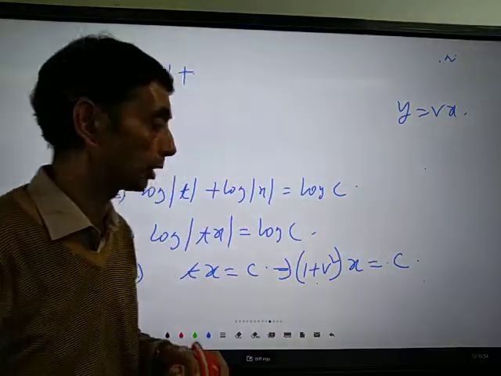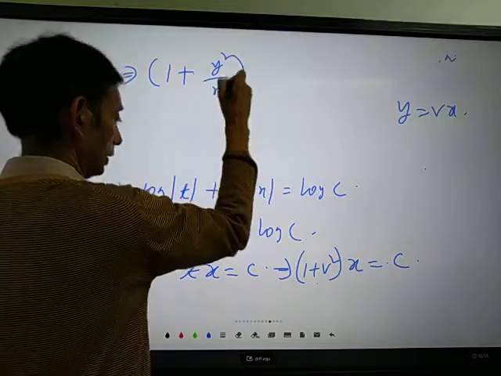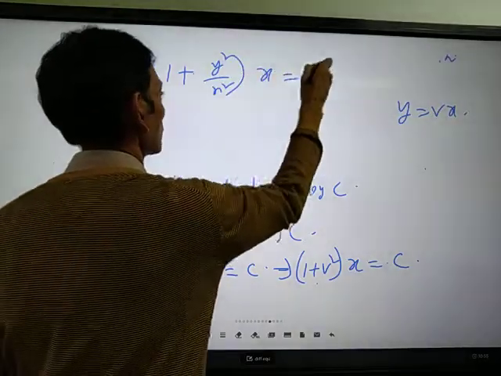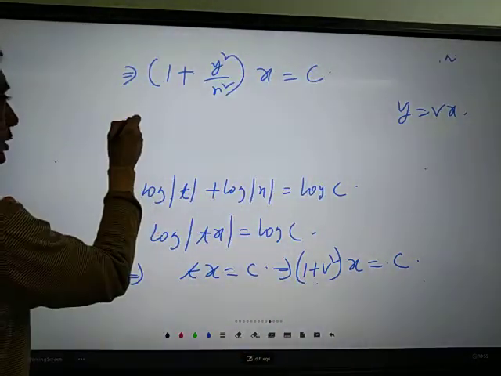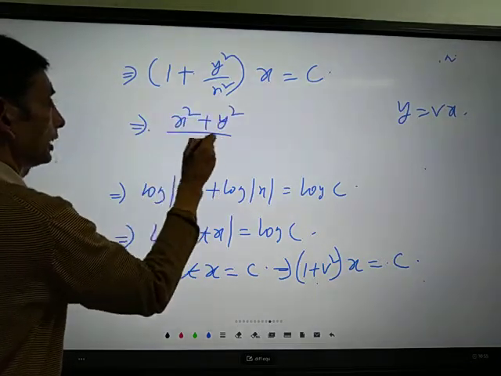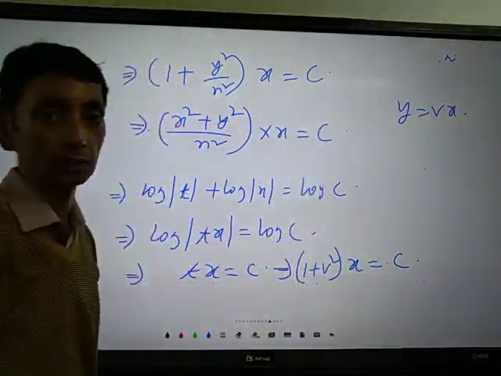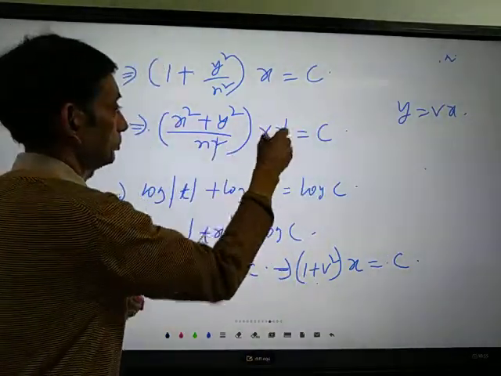That gives us 1 plus y square by x square, into x, equal to c. So if we simplify this, x square plus y square by x square into x equals c. So we'll cancel this term.